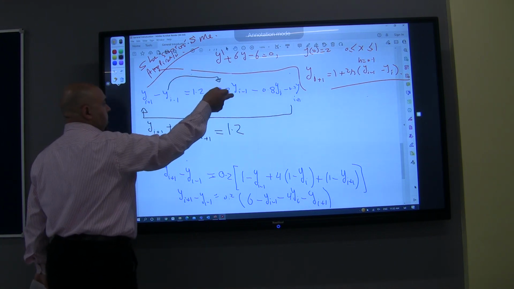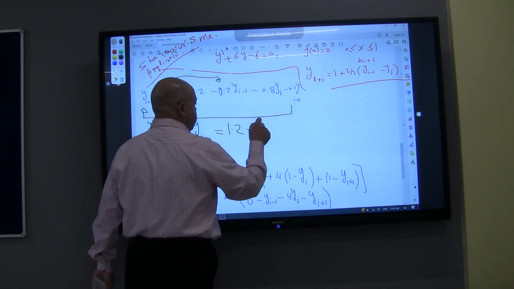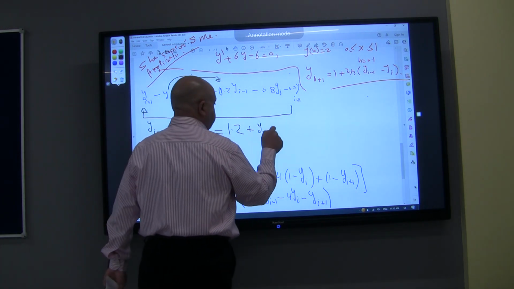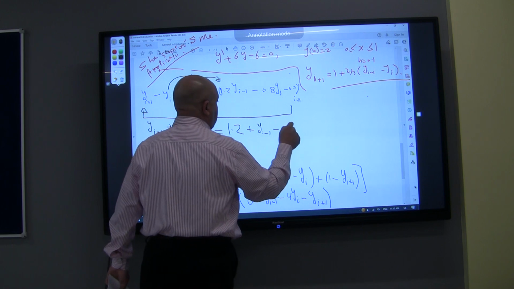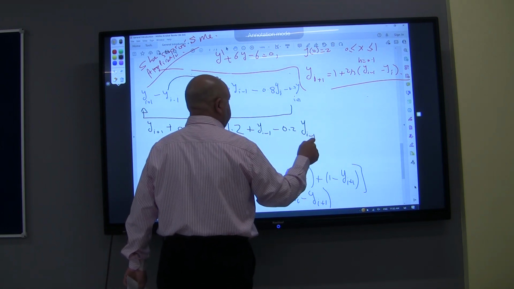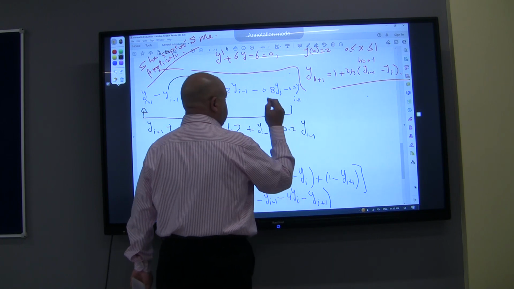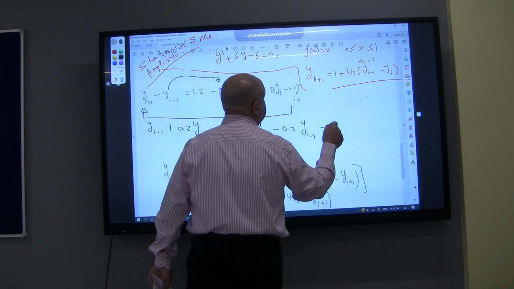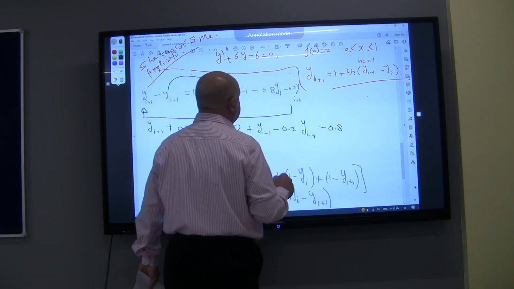Negative 1 will go to the other side, so it's going to be positive yi minus 1. Negative 0.2 minus 4.2 y at I minus 1. And still I have minus 0.8 of yi.